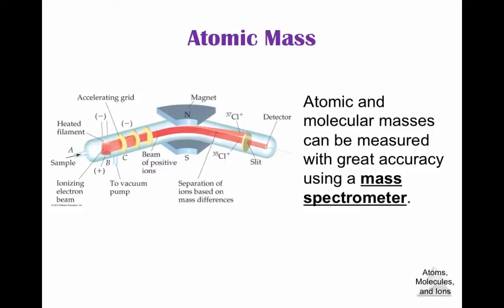In general, the mass spectrometer is used to measure the different masses of each of the different isotopes, and it's also used to determine the number of isotopes and their percent abundance in a specific sample.